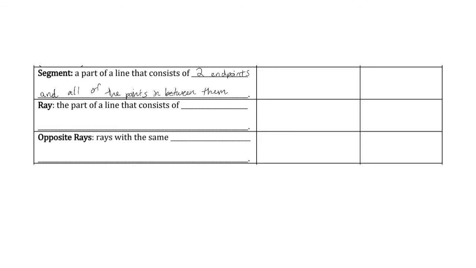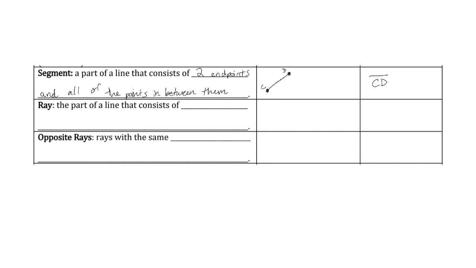Segments look sort of like lines, except instead of having the arrows, they have 2 strict endpoints. So we'd have C and D as our endpoints, and then there can be points all in between them. We would call this segment CD, and it's just the CD with a line over it to represent a segment.